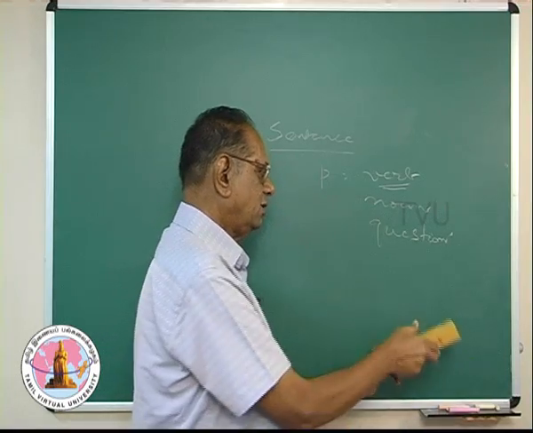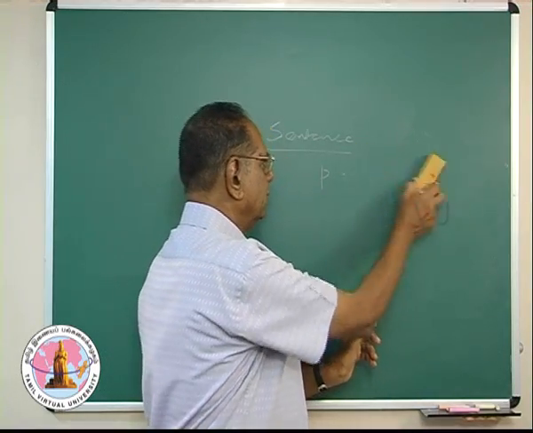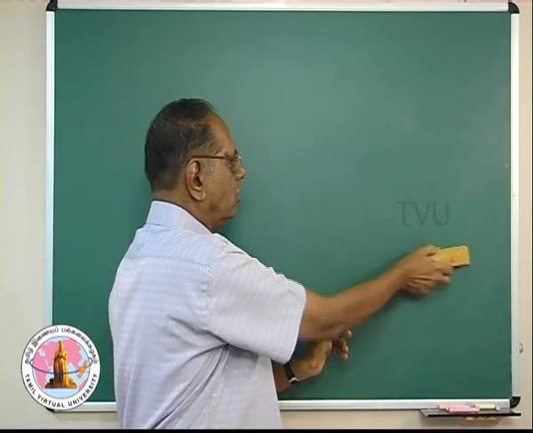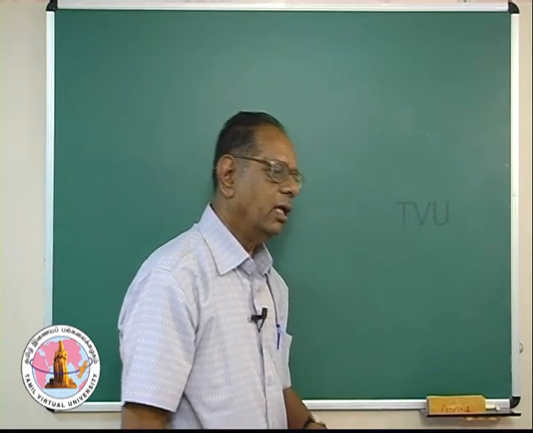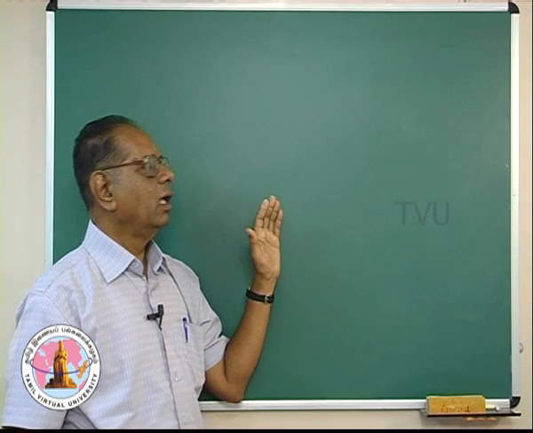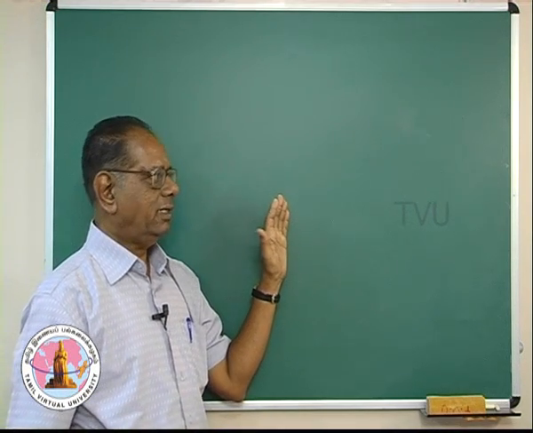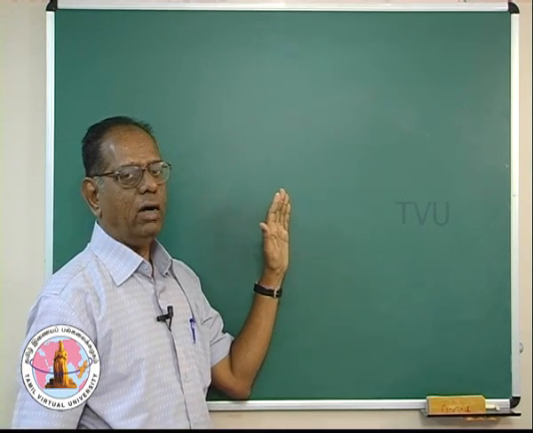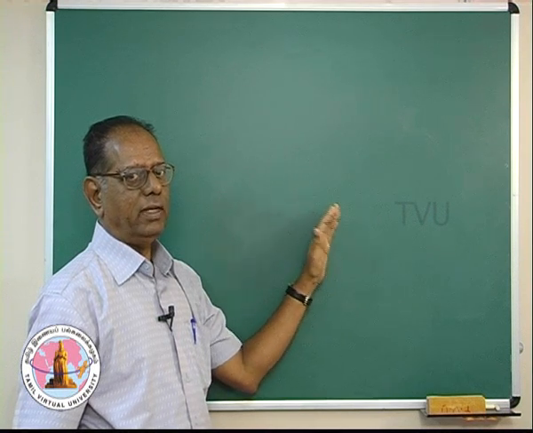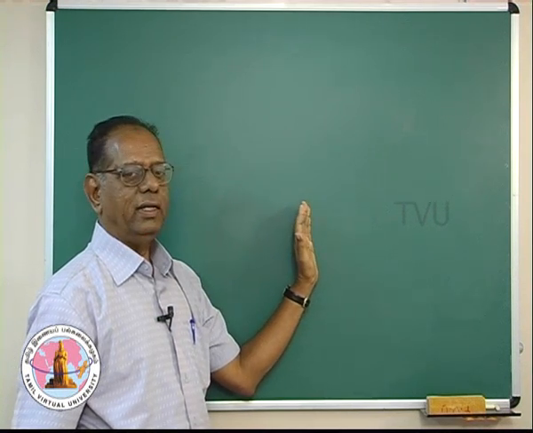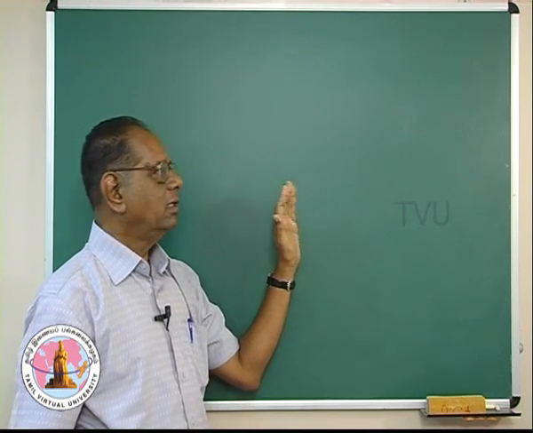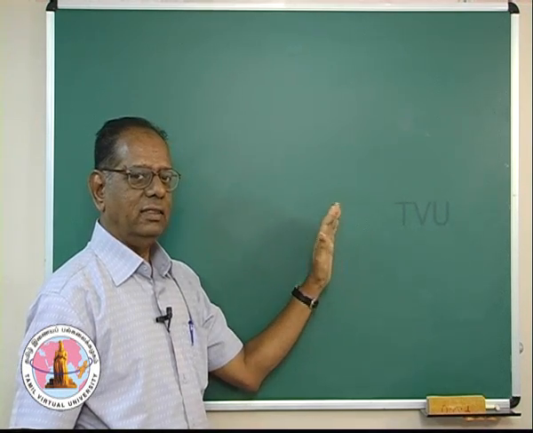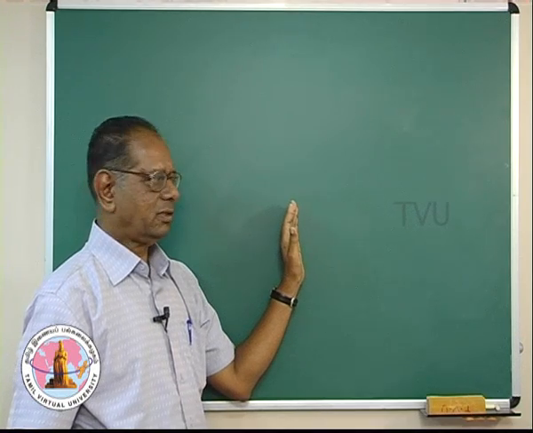If you understand this, it will be easy to read the books and understand them. So, in a sentence, we have the subject and a predicate, and the predicate describes the subject. Predicate has the details about the subject.